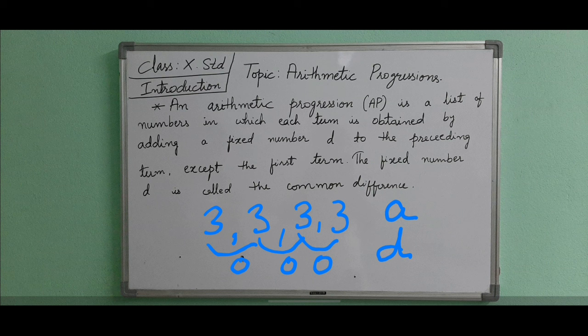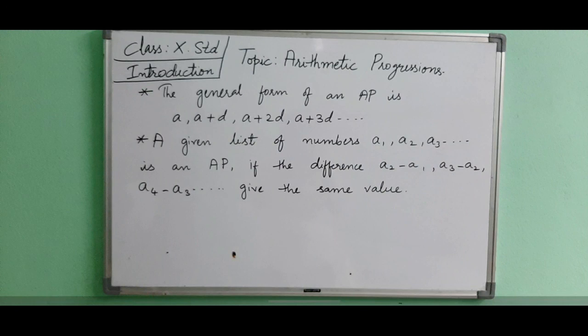Now let's go for the second concept. What is the second concept given here? The general form of an AP is A, A plus D, A plus 2D, A plus 3D. So what it is saying here: suppose the first term A is 7 and D is 3.